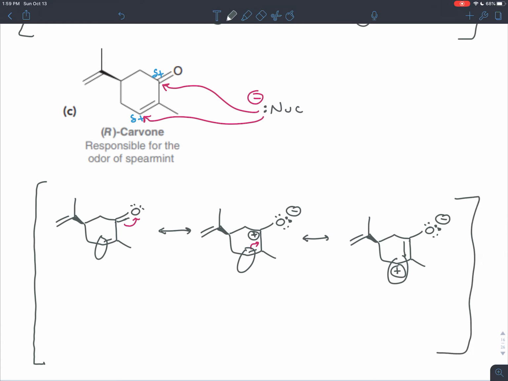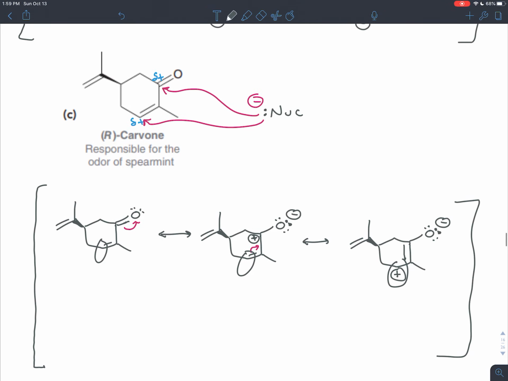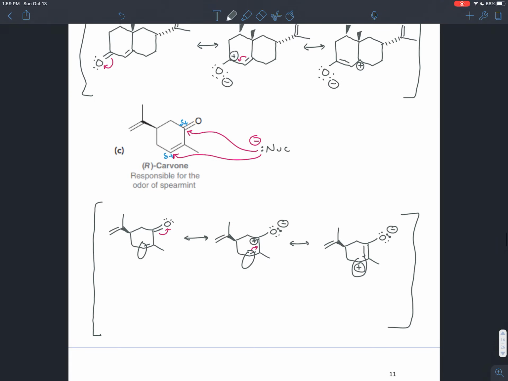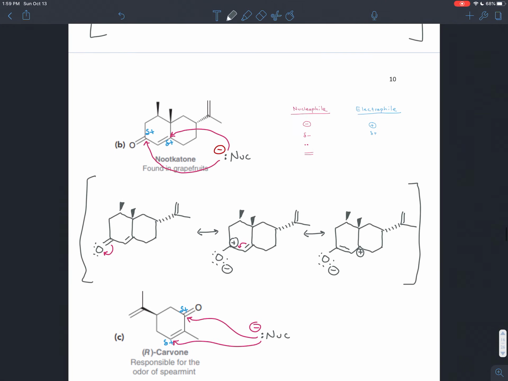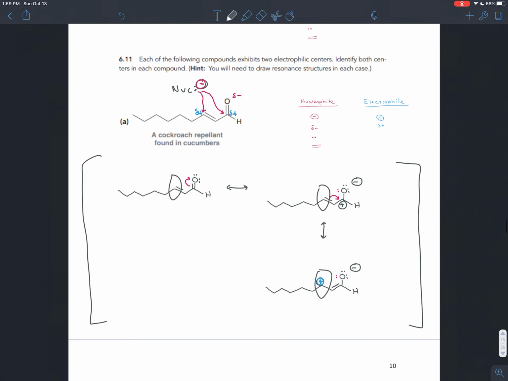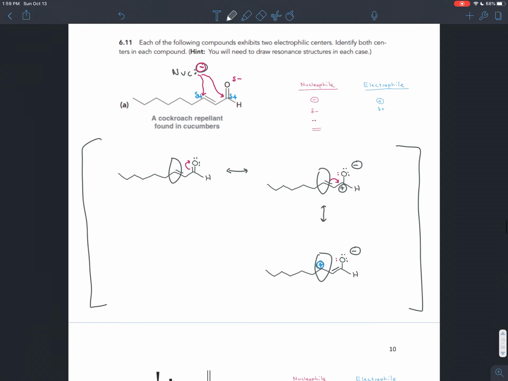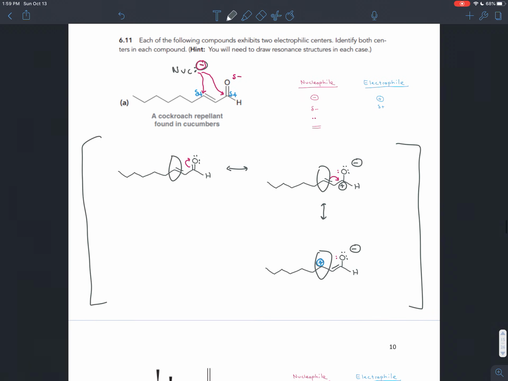And you can see that when you draw the resonance structures, that carbon there has a slight positive charge in the true molecule. So watch out for resonance. In order to predict the right product, you sometimes have to think about how the electrophile changes when you draw these resonance structures.